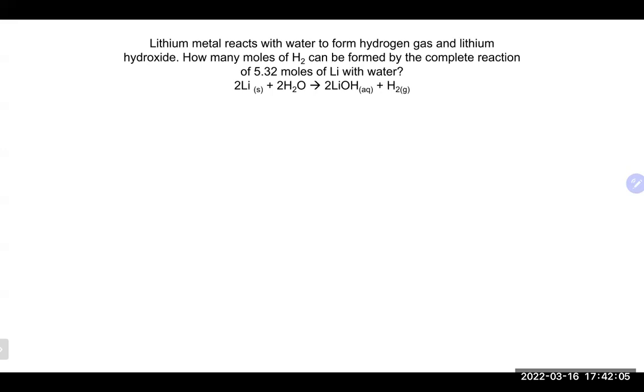The reason you need to do that is typically in stoichiometry problems, you are given some information about something in the reaction that you're really not interested in. You're interested in something else in the reaction. So you need a way to convert from a reactant to a product, or a reactant to another reactant, or a product to another product.